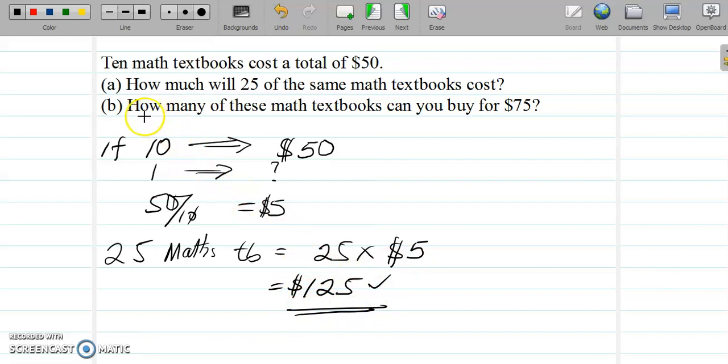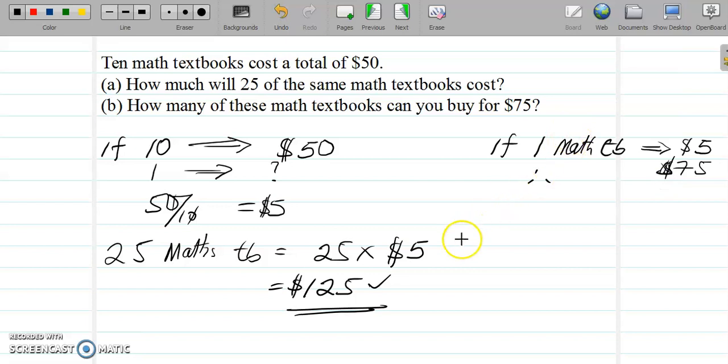Okay. Now the last one says, how many of these math textbooks can you buy for $75? Okay. So if one math textbook costs $5, that means that $75 will be how many?